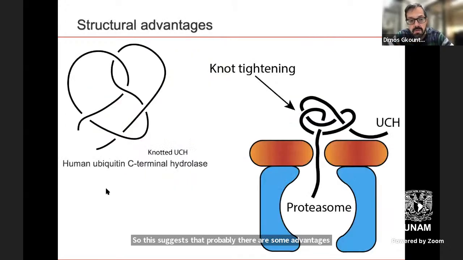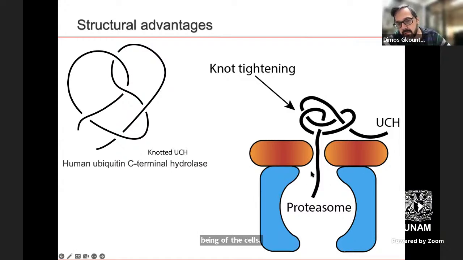And this is an example. This is a different protein, a human protein that works very close to the recycling bin of the cells. When a protein does something, then it gets recycled by this organ that's called the proteasome. This protein does something different, but it works very close to the entrance of the recycling bin. Sometimes it gets pulled inside, but it has a knot, and it's a complex knot, a 5-2.